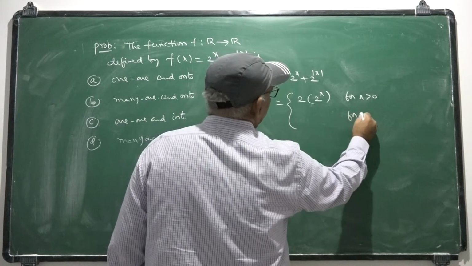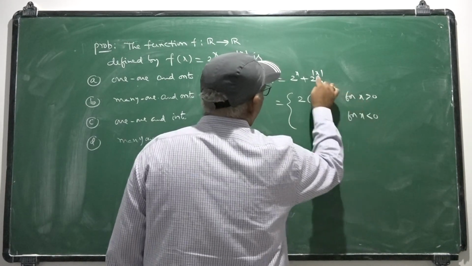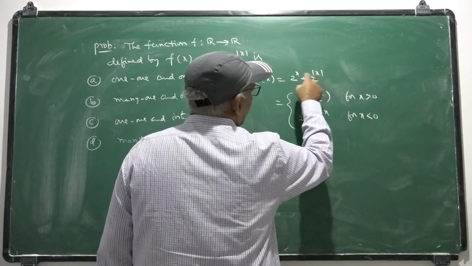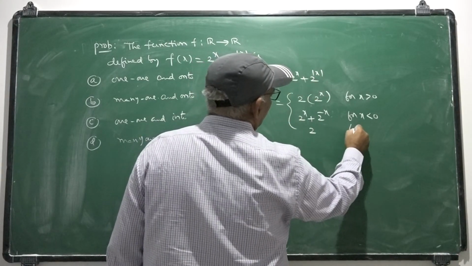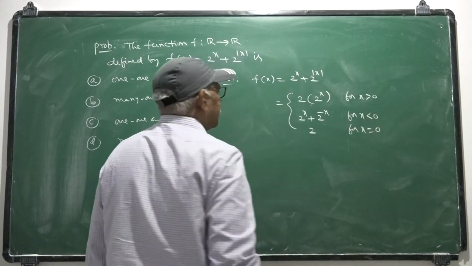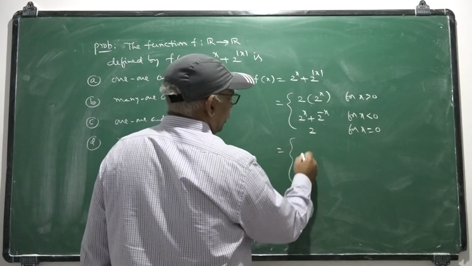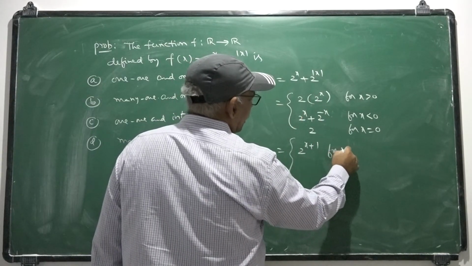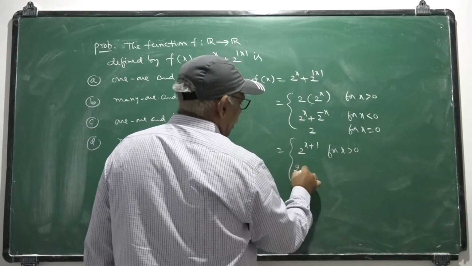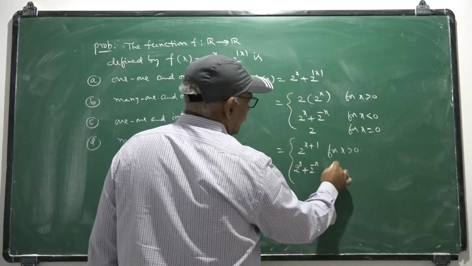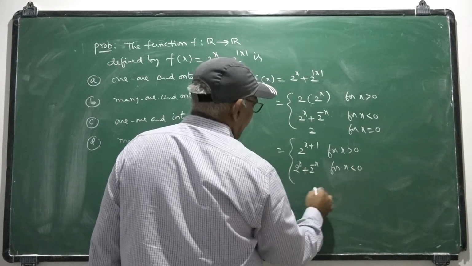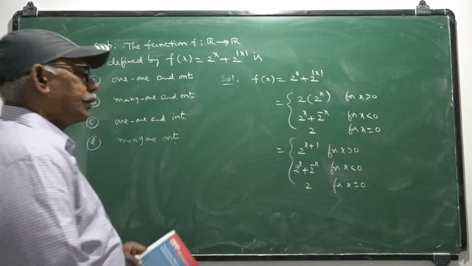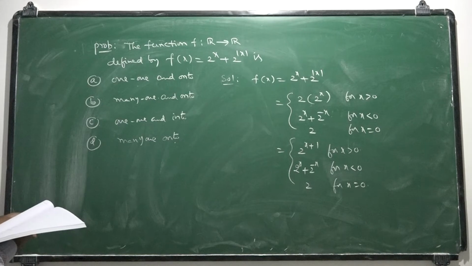For x negative, this is 2 power x plus 2 power minus x. For x equal to 0, it takes 2.